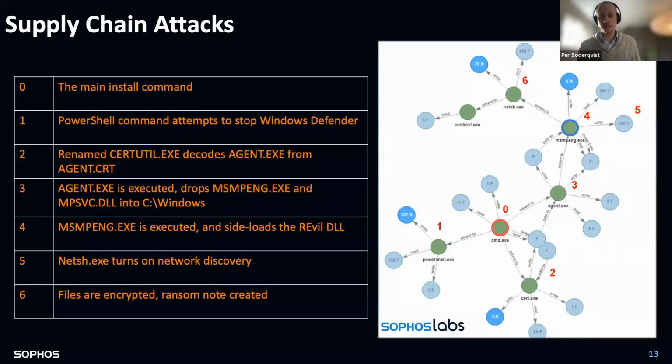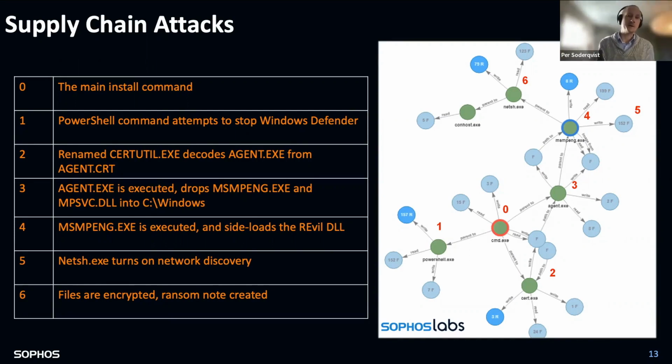And also, if we look a little bit deeper at what actually happened on the endpoint, if we take the REvil attack with Kaseya as an example, coming back to the previous session, the TTPs, understanding how they operate and what actually occurs on the endpoint when you get infected.